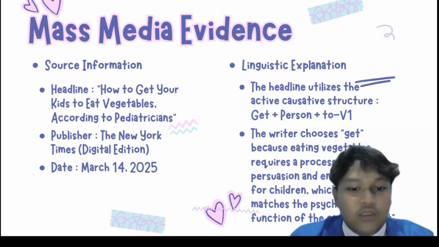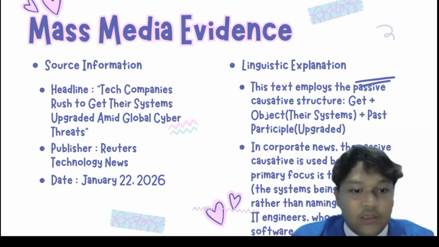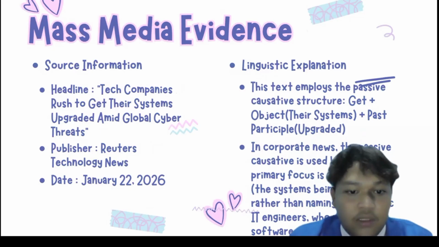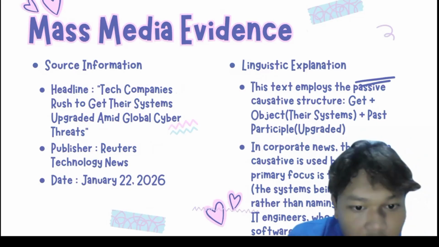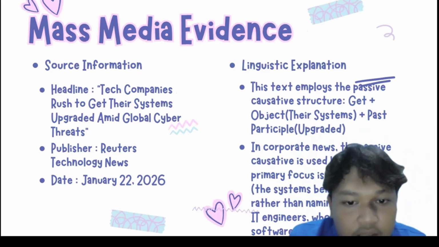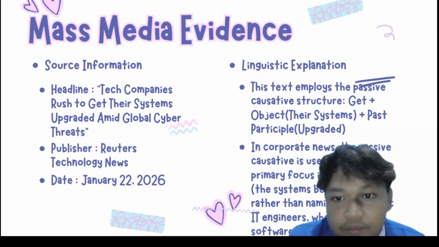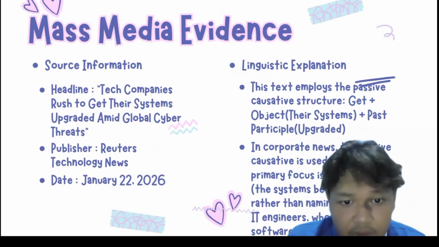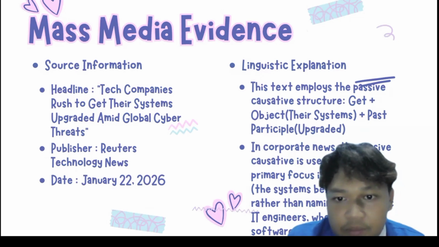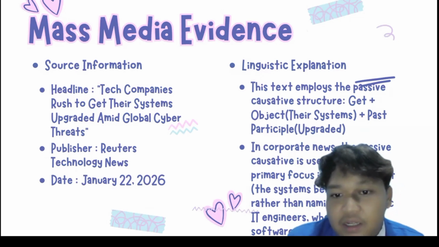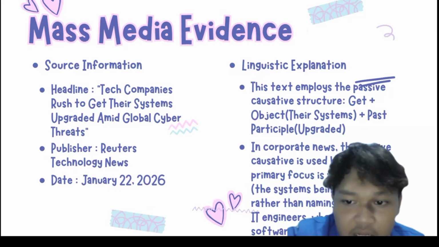The second example is taken from Reuters Technology News, published on January 22, 2026. The headline says, Tech companies have to get their systems upgraded amid global cyber threats. This text uses the passive causative structure: get plus object, their systems, and past participle upgraded.